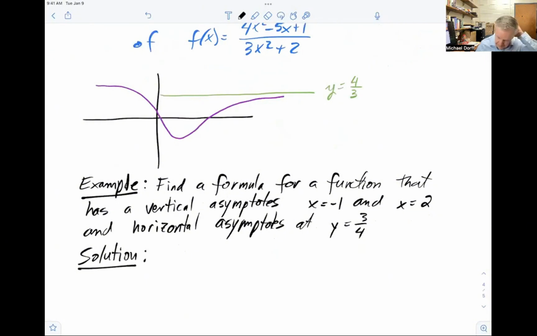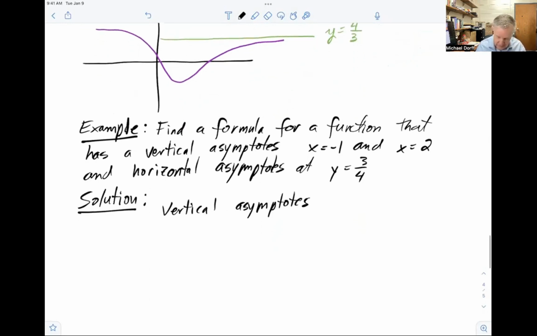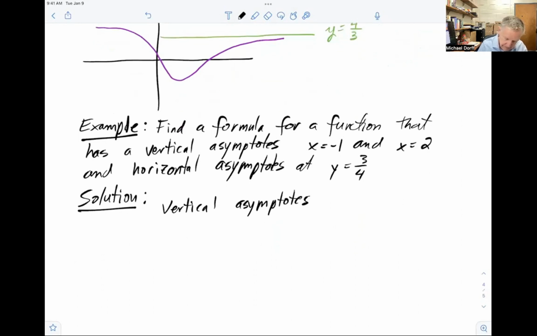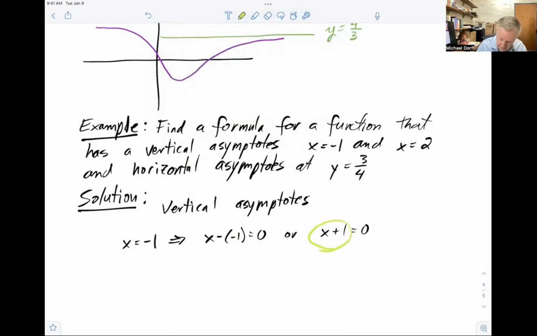So again, if I have a vertical asymptote, that means that those happen when I get 0 in the denominator. So if I have x equals -1, that's equivalent to saying x minus a -1 equals 0, or x plus 1 equals 0. So I want to have that x plus 1 term in the denominator. Wait a second here.